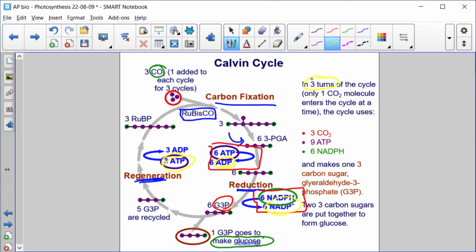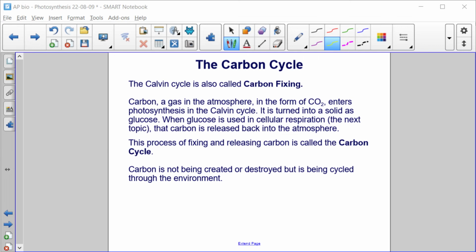Remember that the Calvin cycle is dependent on the light reactions, which provide the NADPH and ATP, which provide the electrons and energy needed to form the carbohydrates. The Calvin cycle is also called carbon fixing. Carbon, a gas in the atmosphere in the form of carbon dioxide, enters photosynthesis in the Calvin cycle.